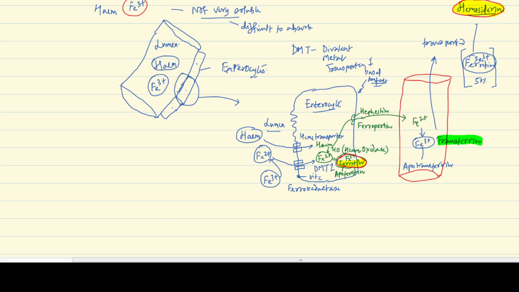So if a cell that lines the intestine has all this ferritin and hemosiderin within it, and it sloughs off and dies, it goes into the lumen of the intestine. Then it takes with it ferritin as well as hemosiderin, and that will be lost along with the stool. So that is one of the ways in which iron is excreted from the body, through the stool.